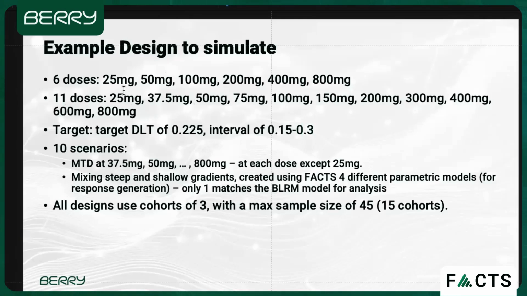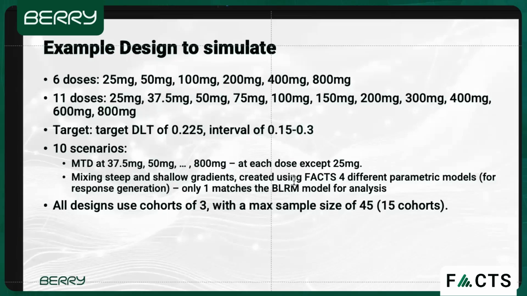They will all be simulated with the same scenarios, but obviously the 11-dose one has intermediate toxicity values for these intermediate doses. The target DLT rate is 0.225, and our acceptable interval is from 0.15 to 0.3. We create 10 scenarios where there's an MTD at each one of the doses from 37.5 to 800, and there's a mixture of steep and shallow gradients.